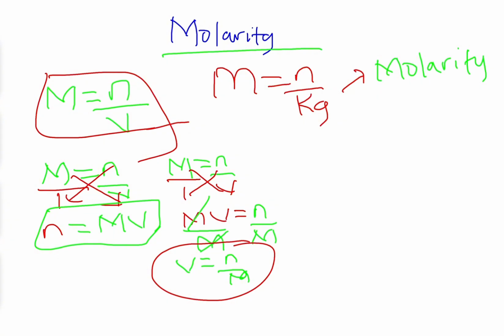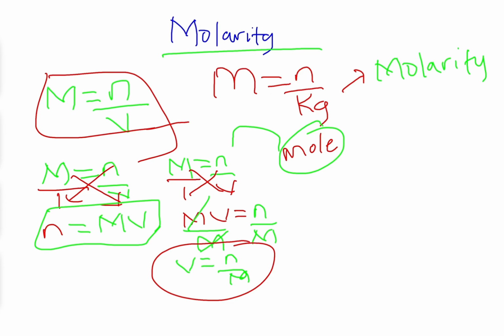So this becomes our new formula if we want to solve for the volume where we have the molarity and the mole. Okay, so we can still break down this formula because we know fully well that if we want to solve for molarity, we should have mole. How do we get mole?